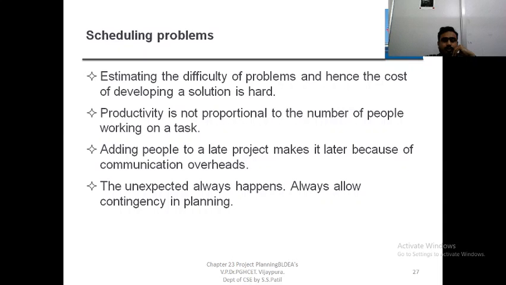Productivity is not proportional to the number of people working on the task. Adding people to a late project makes it later because of communication overheads. The unexpected always happens, so allow for contingency in the planning. So a number of problems are going to come. The first is estimation, next comes time of delivery, and next you are going to face resources. Those things you have to always consider, and you have to plan accordingly.